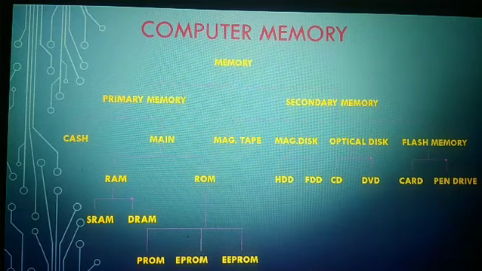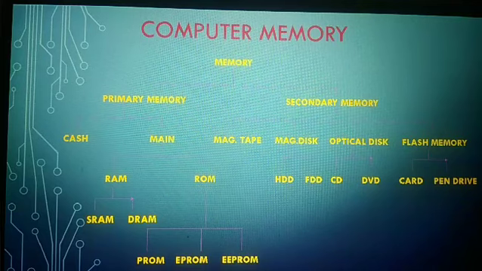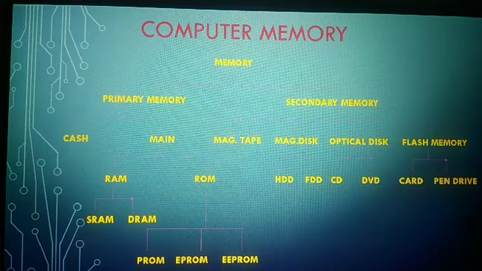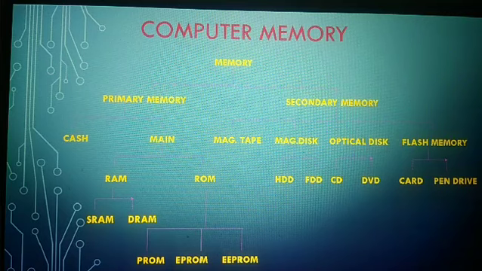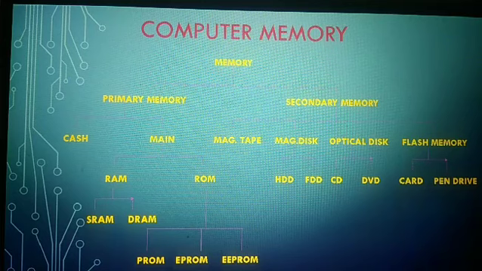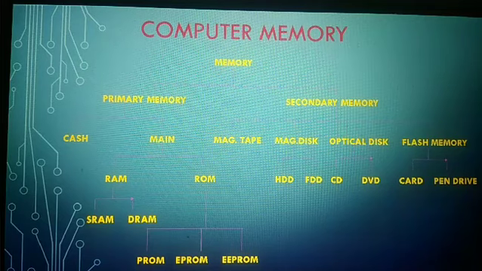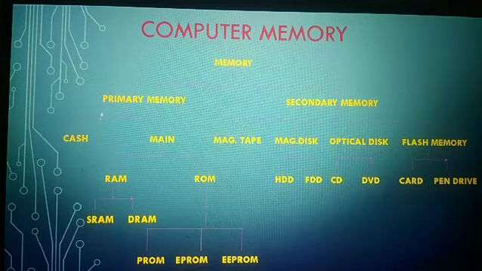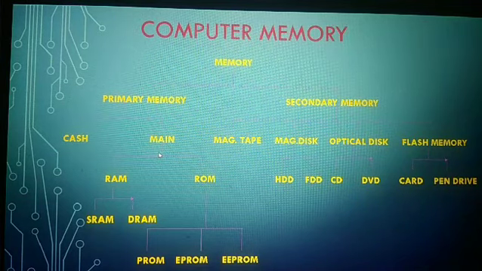It speeds up the CPU and it is used to hold those parts of data and programs that are most frequently used by the CPU, and it stores data for temporary use, and it is faster than main memory. Okay, so it comes in the form of a chip and it is placed on the motherboard. Now another one is main memory.